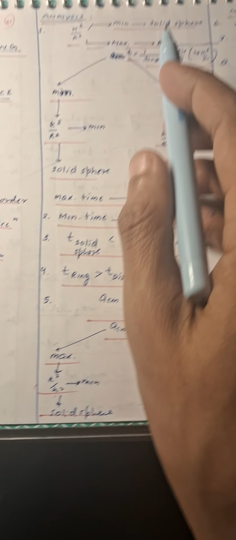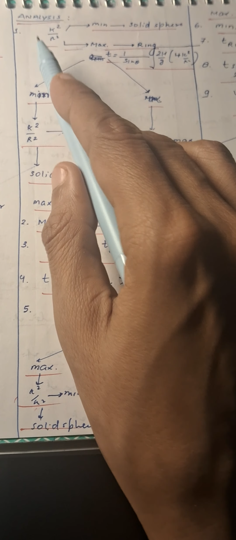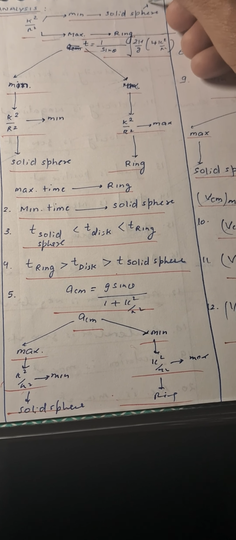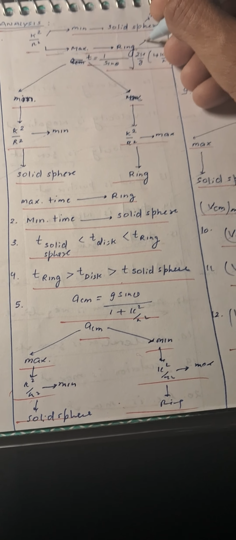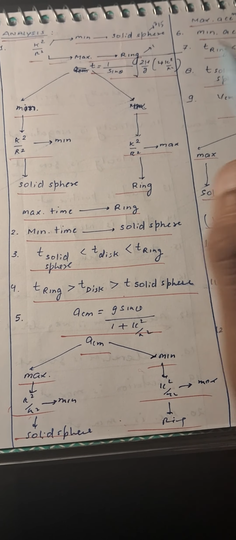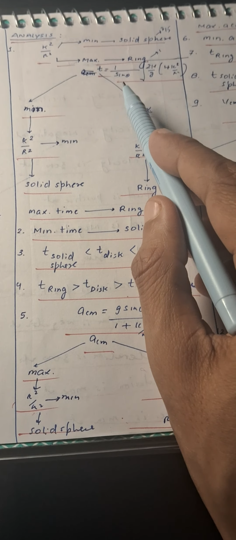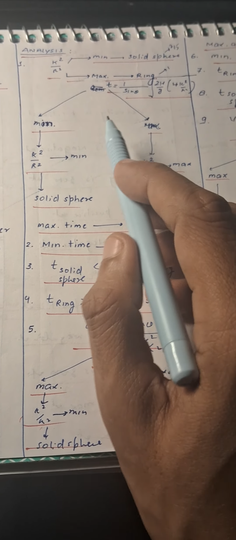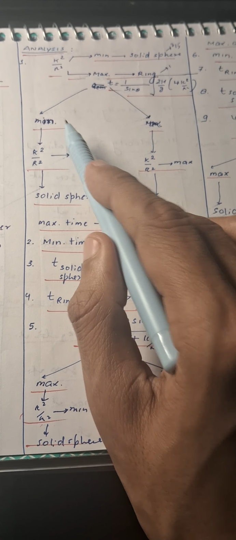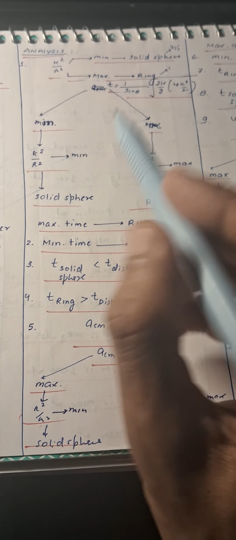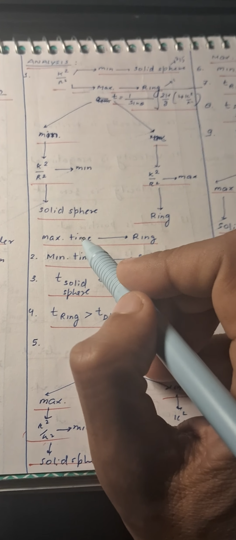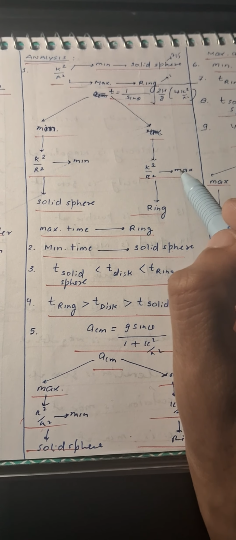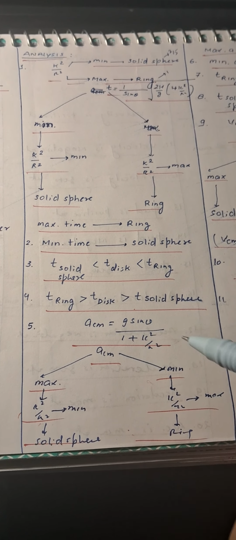So let's analyze things. If we analyze k square by r square, it is minimum for solid sphere, which has a value 2 by 5, and maximum for ring, which has a value 1. Now time is, as we have derived here, 1 by sine theta root 2h by g, 1 plus k square by r square. So the time will be minimum for k square by r square minimum, which corresponds to a solid sphere, and time will be maximum for which k square by r square is maximum, which corresponds to the ring.